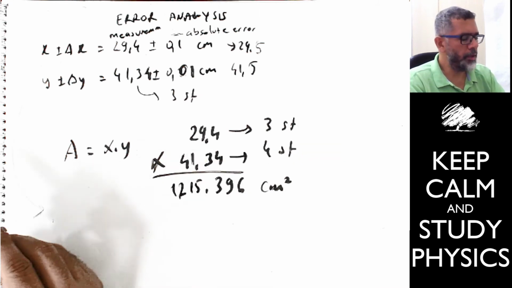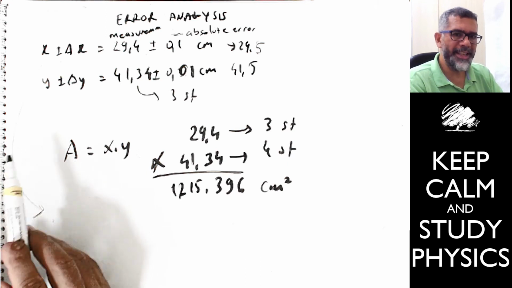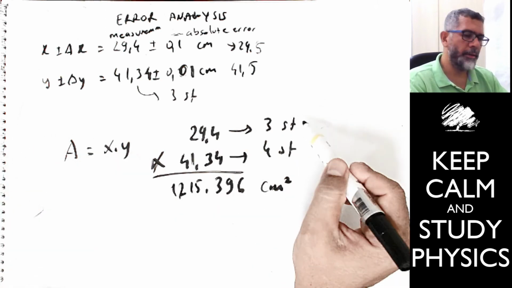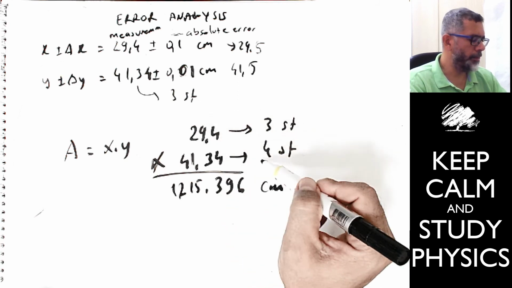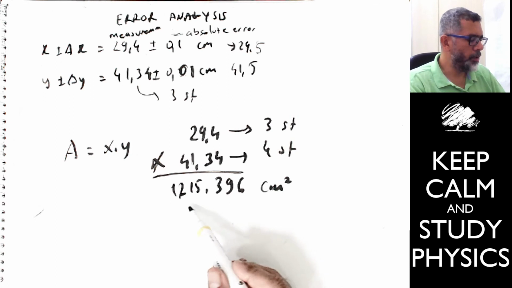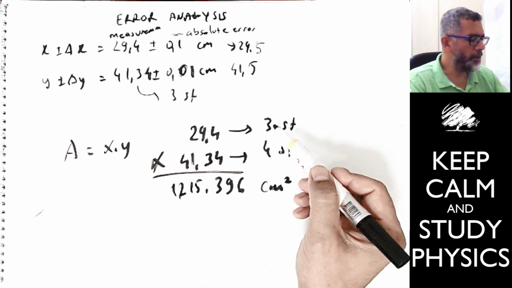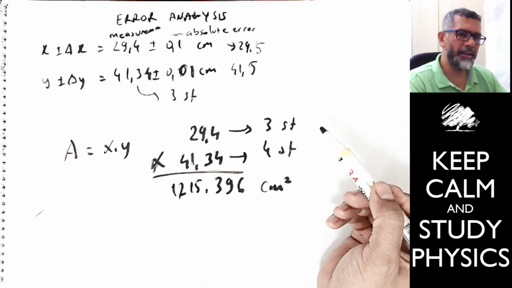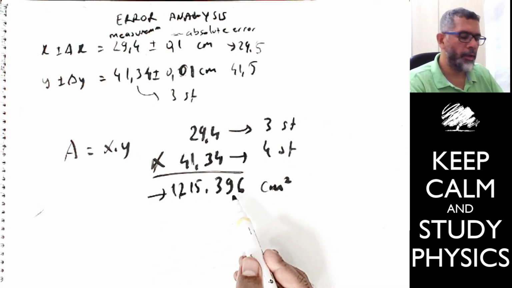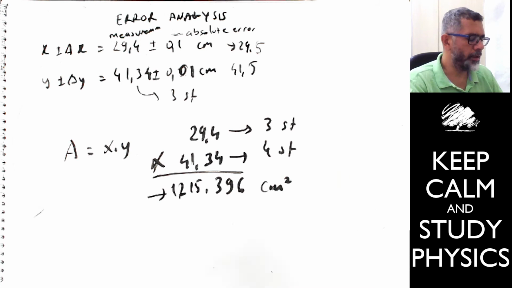In addition, it was find the least number of digits after the decimal point. But over here, find the least number of significant figures among these multiplicands, which is 3, right? Your result must have the same number of significant figures as the least number, 3. So this must be rounded off until it has only 3 significant figures.